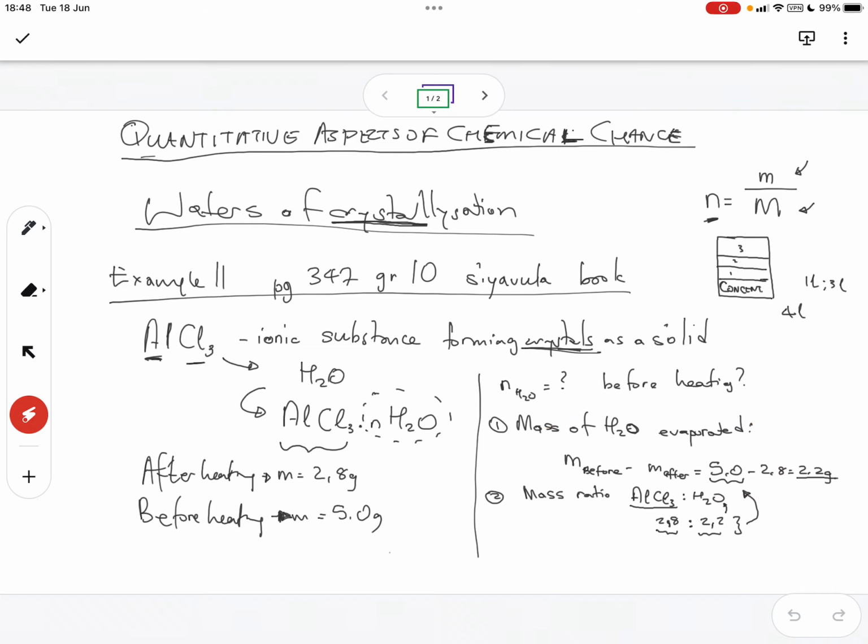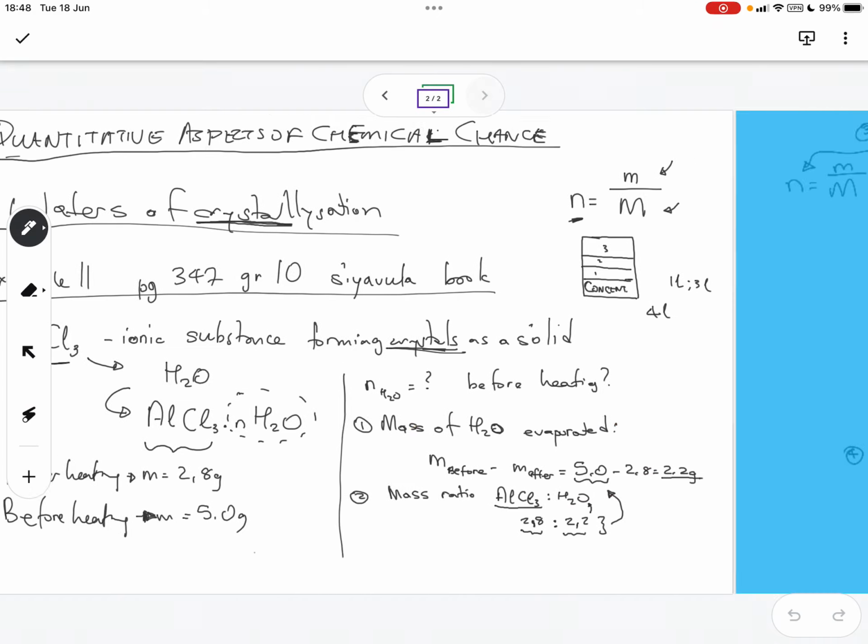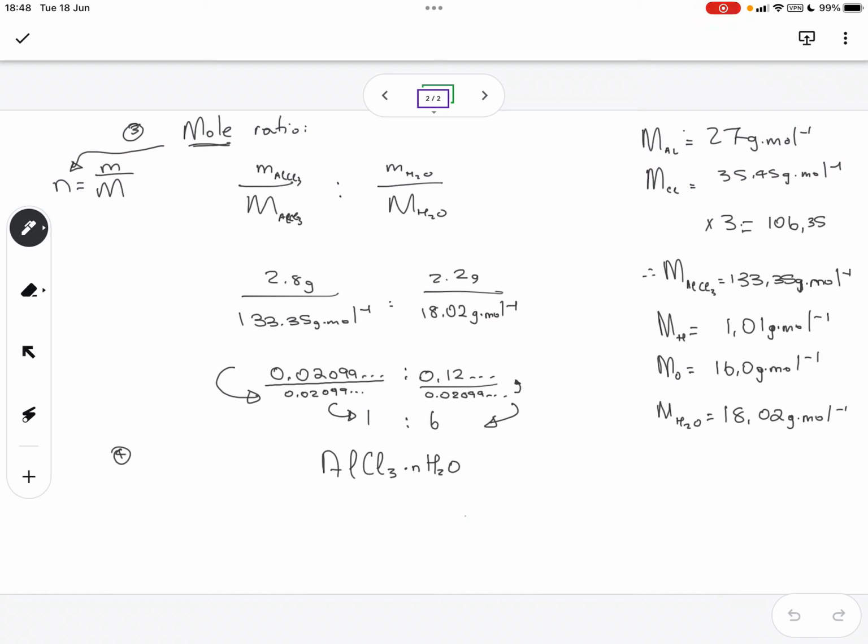So what this tells us is that in order for this crystal to form, we will have one aluminium trichloride bonded with 6 moles of water. 1 mole of aluminium trichloride will bond with 6 moles of water for us to have the crystal.